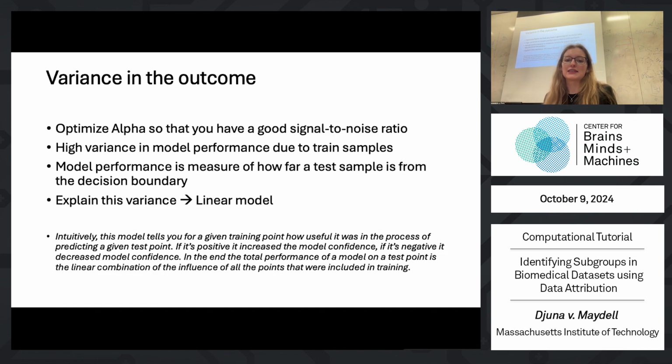So you can think about that as how far is a test sample from the decision boundary that this model has generated. And that's important because we're fitting on a continuous variable, and we have these nuances. Even if dropping out a certain group of training samples makes a model still predict correctly, it might be much less confident. And so we want to kind of get that entire spectrum.